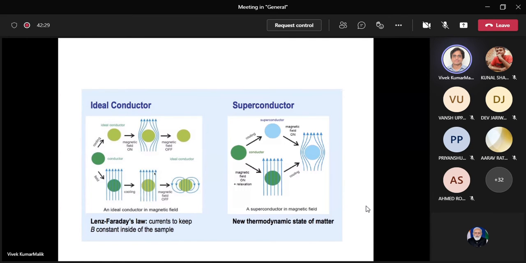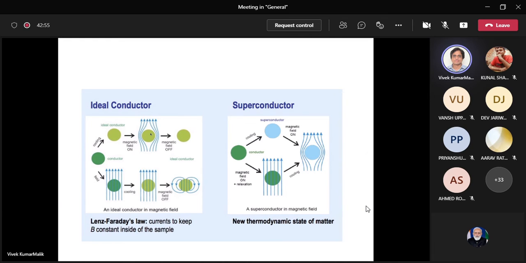The lines would still keep penetrating because you have not changed anything. If you now switch off the field, of course, currents would be generated inside it in an opposite way, and that would generate the magnetic field just in the opposite way due to Faraday's law.